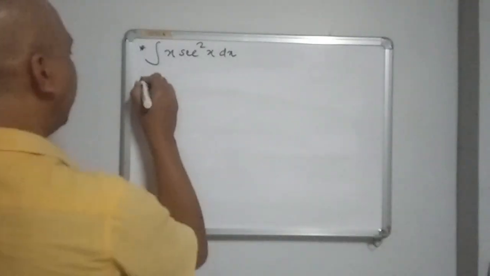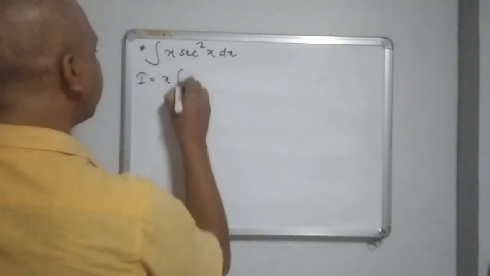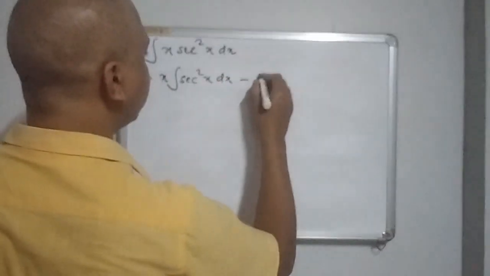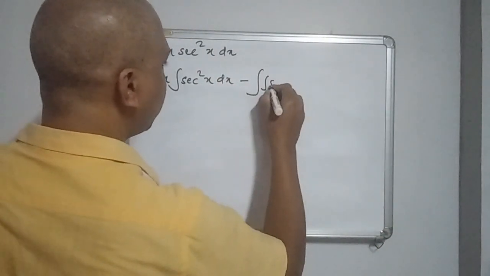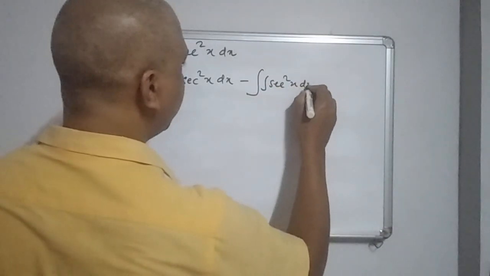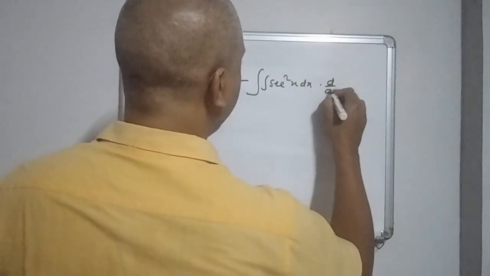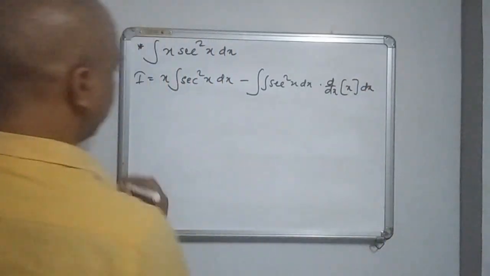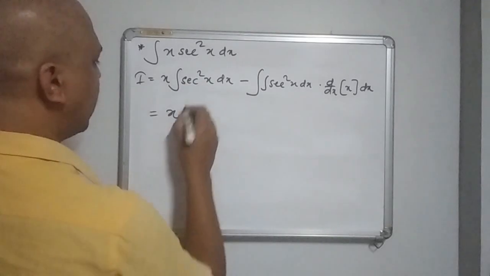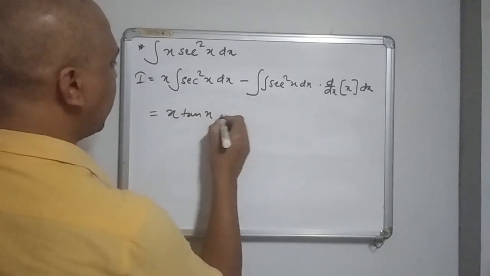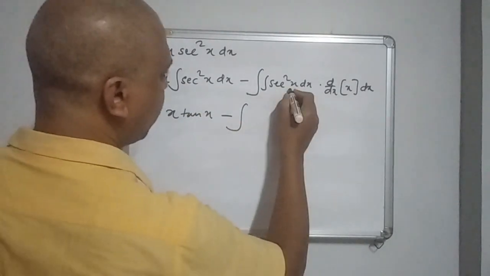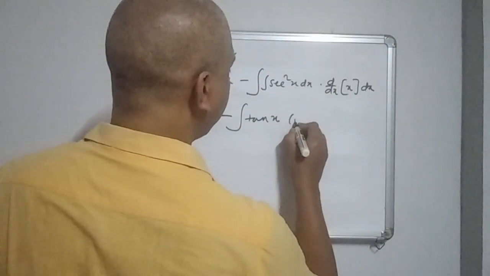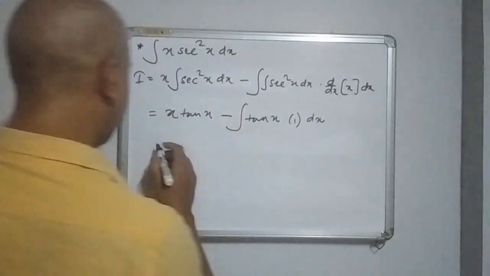So I is equal to x integration of sec square x dx minus integration of sec square x dx multiplied by derivative of x dx. This is equal to x times integration of sec square x, which is tan x, minus integration of tan x into 1 dx.